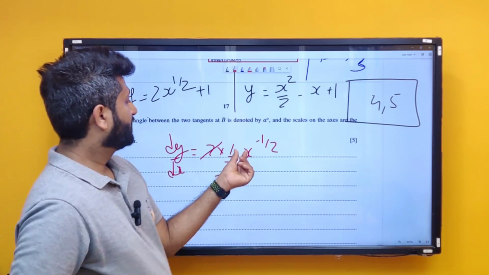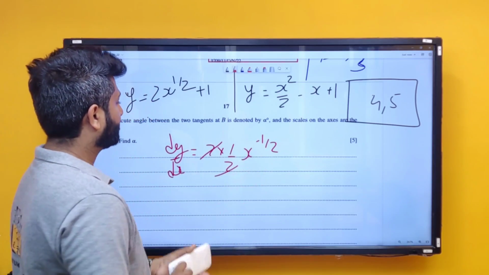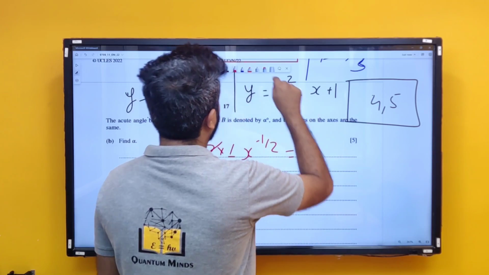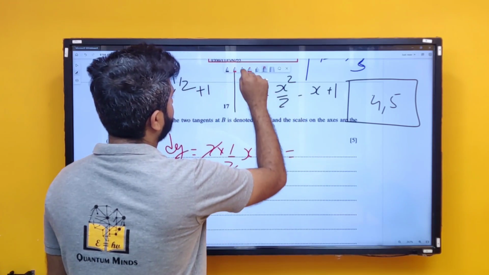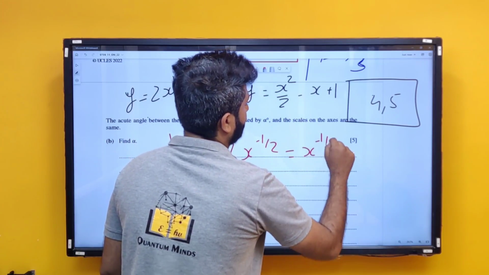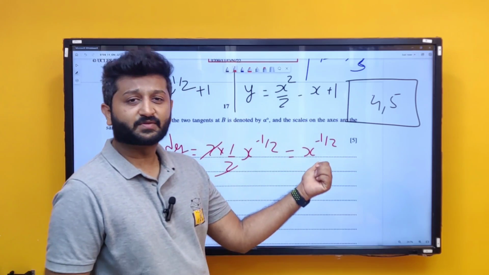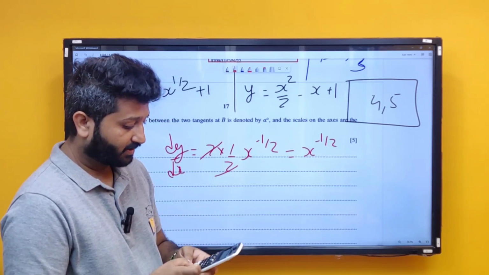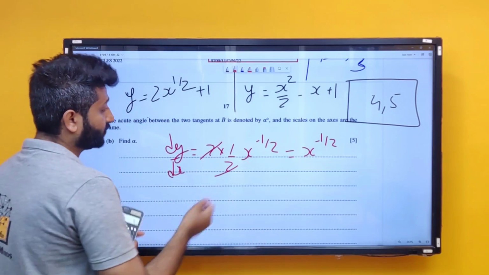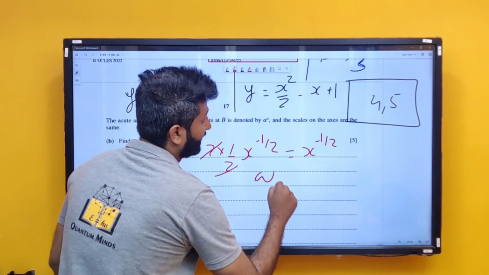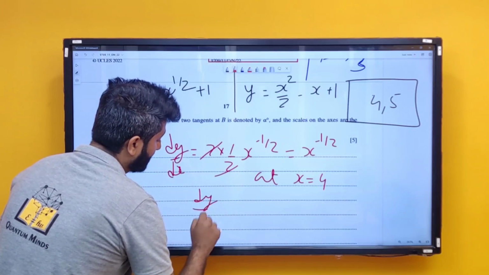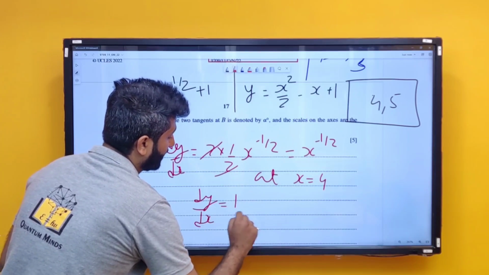So the differentiation is x power minus half. Now the value of x is 4. Let me substitute 4 here. So 4 power minus 0.5 is 1 by 2. So at x equals 4, dy by dx equals 1 by 2.